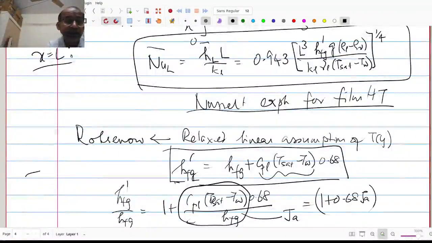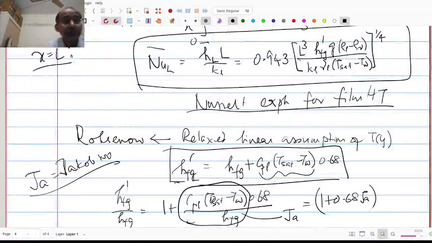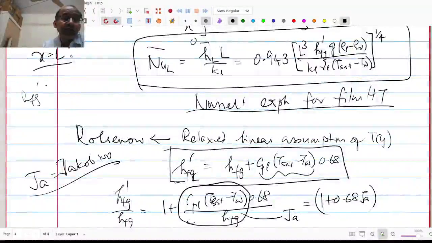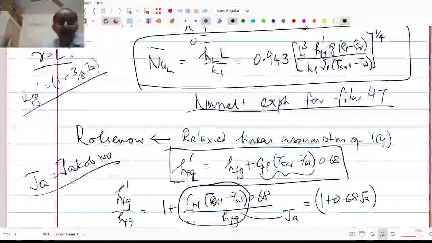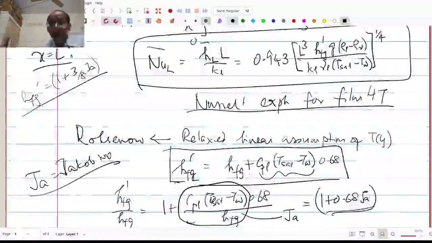Ja is called the Jacob number. In the Nusselt expression, HFG prime was equal to 1 plus 3 by 8 Jacob number, whereas in Rosenau's expression, it becomes 1 plus 0.68 Jacob number, which is an improvement over the first one.